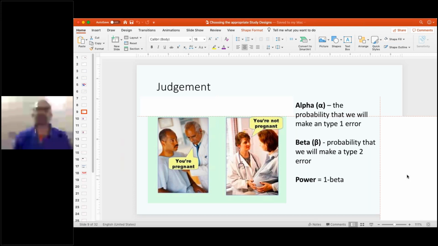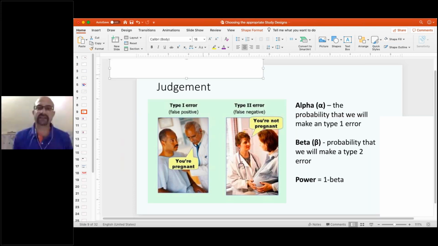So we have another picture in which there is a type 2 error, which is a false negative. You can see obviously there is a woman who's very much pregnant, and the lady doctor in that frame is telling her that you are not pregnant. This is a false negative kind of an error. I'm trying to show this slide just intuitively. From next time onwards, you would not make a mistake between a false positive and a false negative error, and you would be able to intuitively surmise what we are talking about.